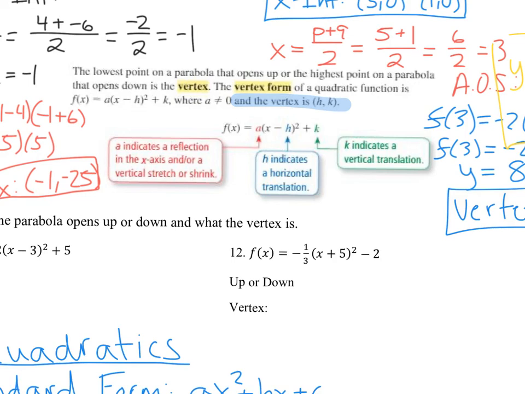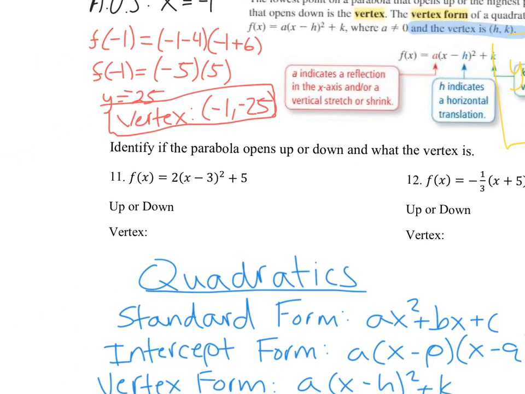But looking at these problems now, if you're looking at number 11 right here, you'll notice the 2 is positive, so that indicates to us that it's going to open up. What I mean by opening up is if you were looking at a graph, it would go up like this, okay? Now, it won't open up at the origin like that, but you get the idea. Now, the vertex is created from the h value and the k value.